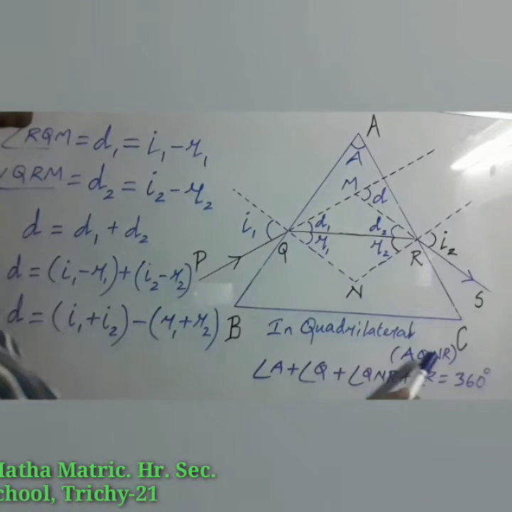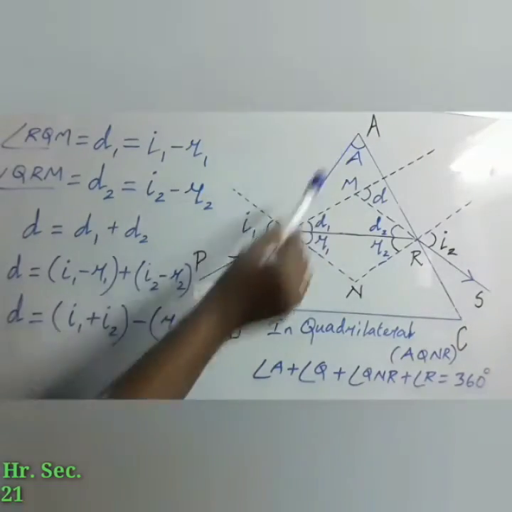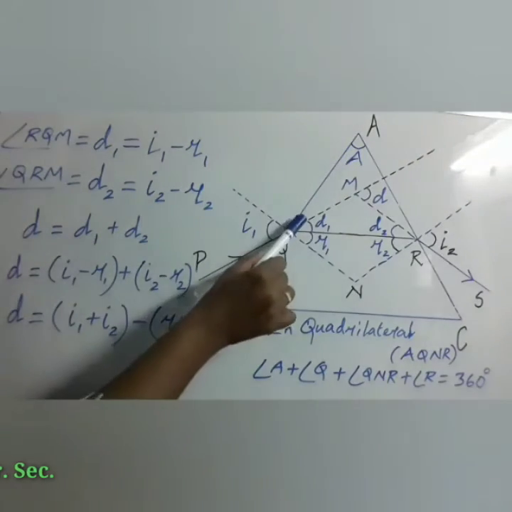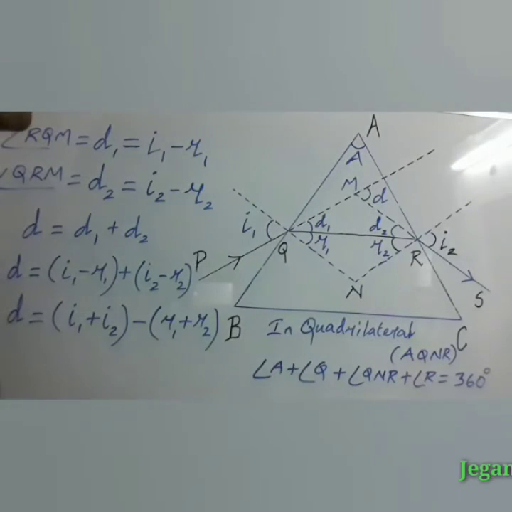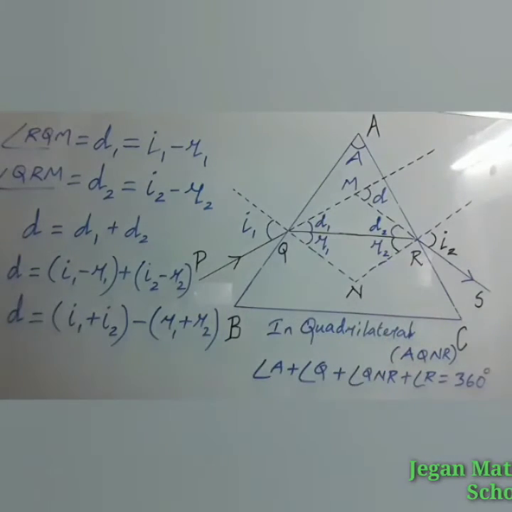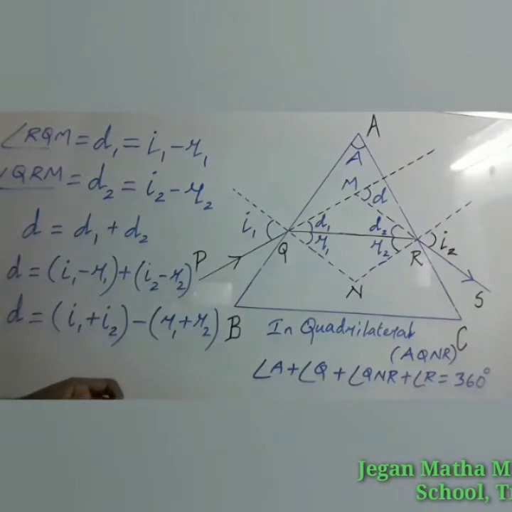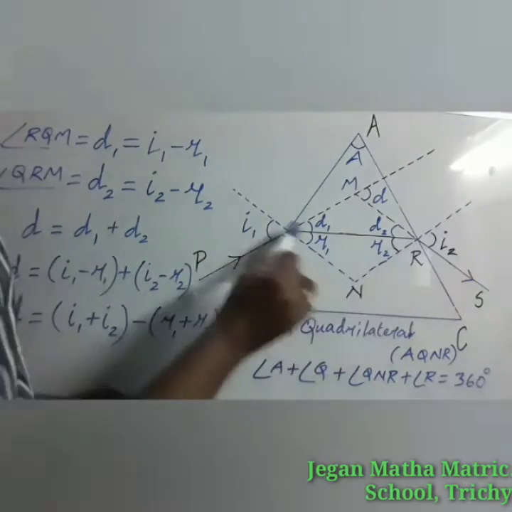In the quadrilateral AQNR, the sum of the four angles is equal to 360. We know that the total angle in a quadrilateral is equal to 360. So the first angle is the angle of prism A. The second angle is formed at the point Q. The third angle is QNR. The fourth angle is formed at the point R. Here the angles formed at Q and R are equal to 90 degrees, because at the points Q and R we have the normal.